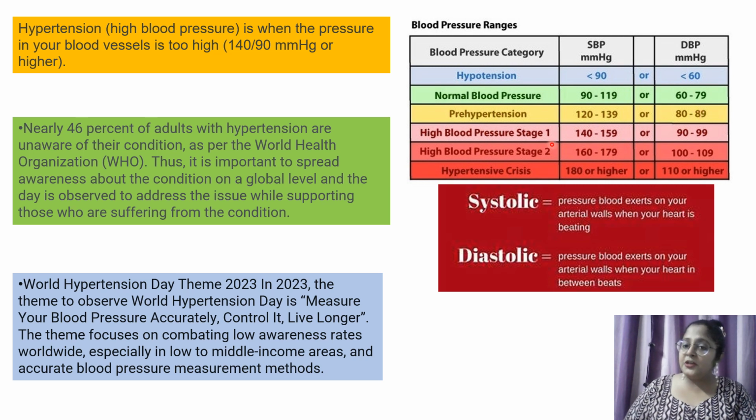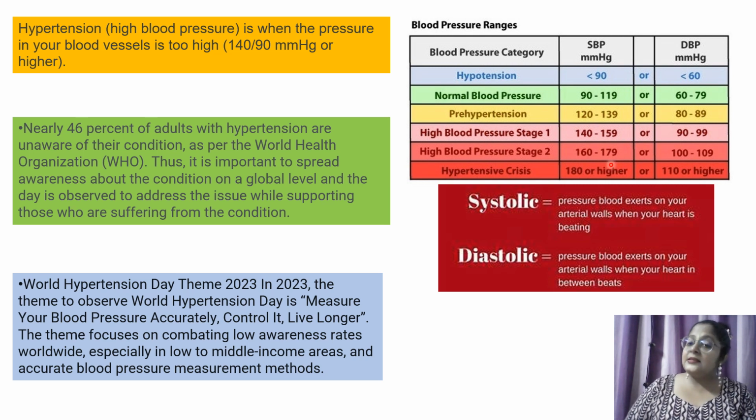Now, high blood pressure can also be divided into two stages, stage 1 and stage 2, depending on the severity of the blood pressure. When the systolic blood pressure is between 140 to 159 and the diastolic blood pressure is between 90 to 99 mmHg, it is categorized as high blood pressure stage 1.